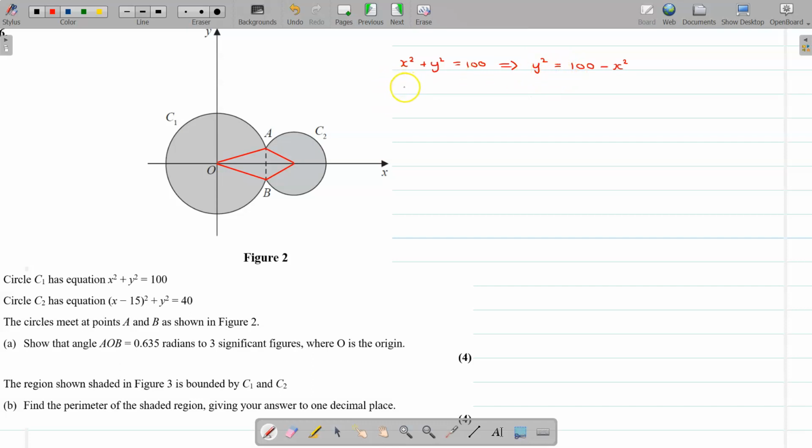So for C2, I'm going to take the x minus 15 and square it. So that's going to give me x squared minus 30x plus 15 squared, which is 225.